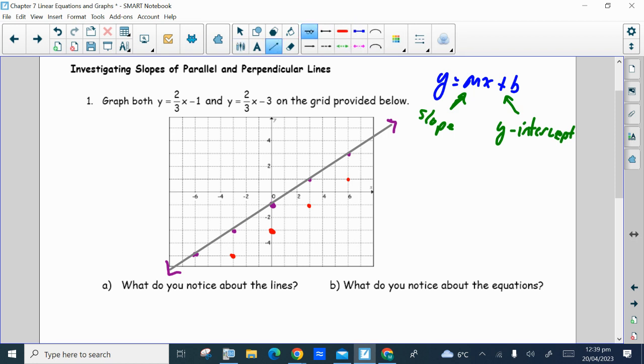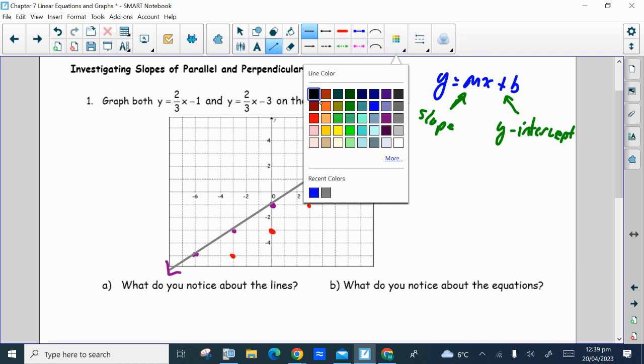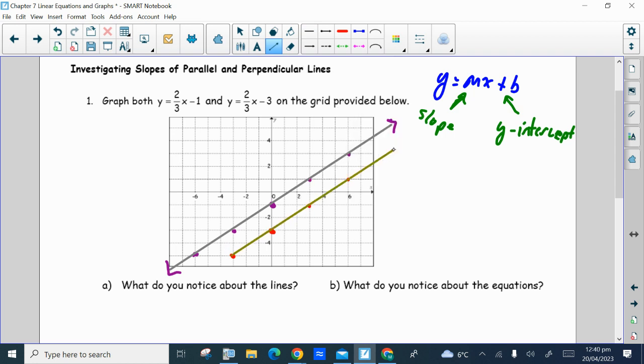All those points line up, and so you can draw the line going through them. And once again, we always draw arrows on the ends because the line goes in those directions forever.